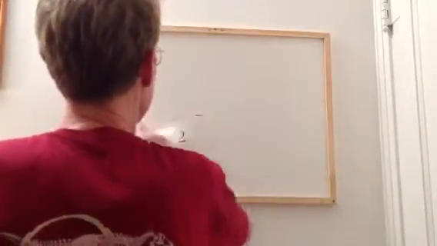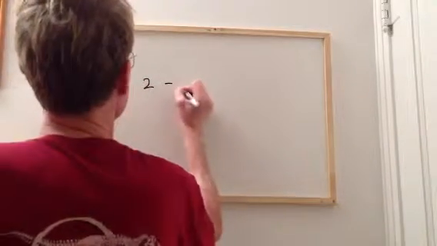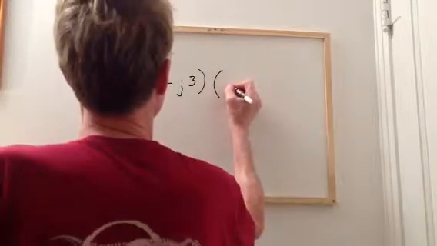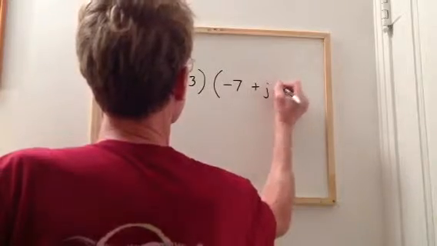Now let's do a little bit tougher one. 2 minus J3 times minus 7 plus J4.